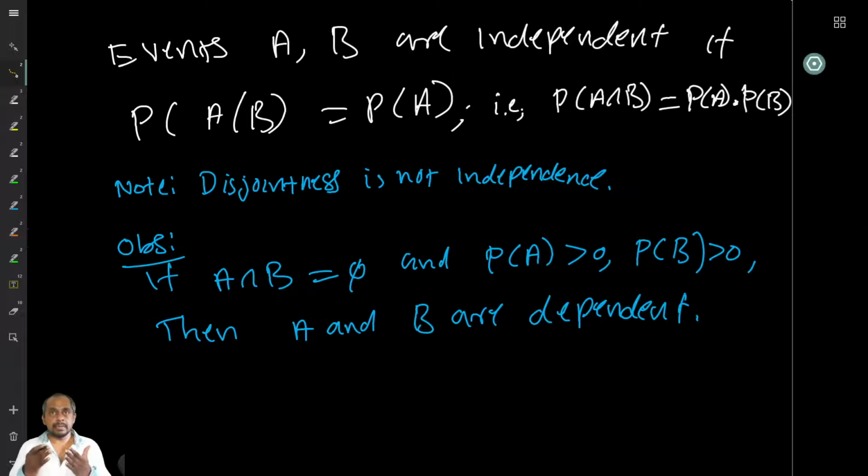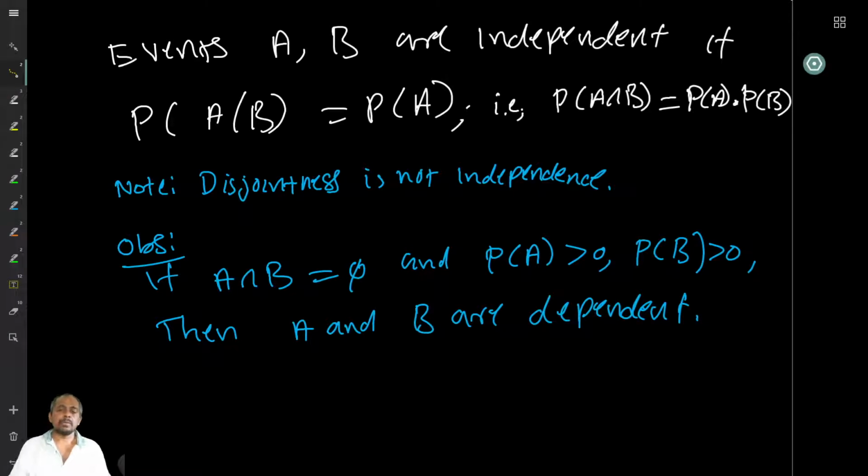It should be very clear to you, and we should take note here, because it could be a little intuitive that if the events are disjoint, that does not mean that they are independent. Usually you might have an intuitive feeling that if two events are disjoint, then they are basically independent, but that is not the case.